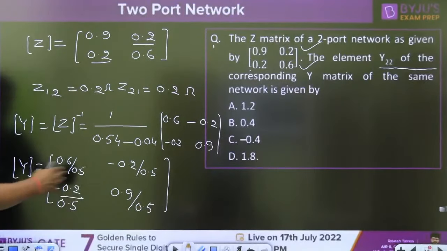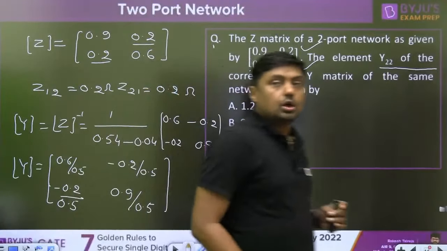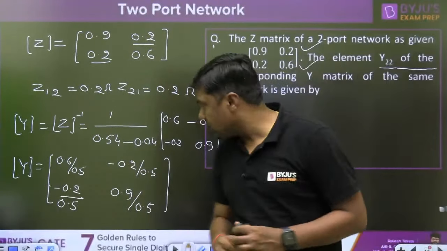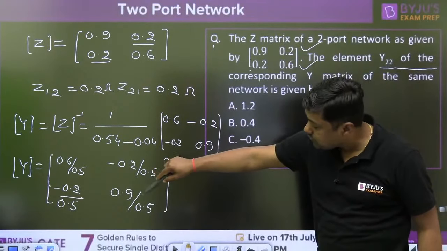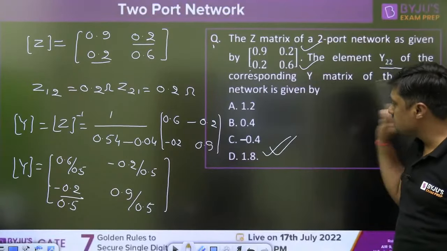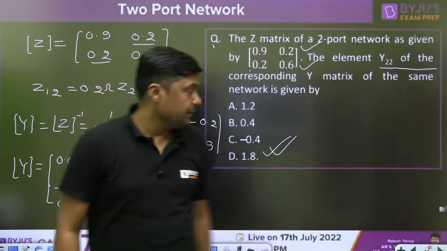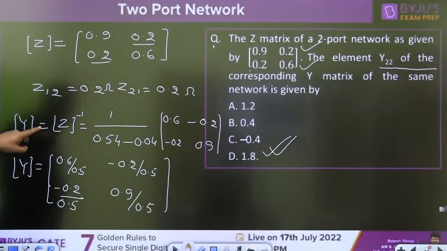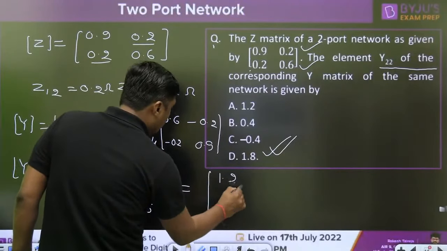So all the Y parameters are available here, and we want Y22. So what is the Y22? 0.9 divided by 0.5, that is nothing but 1.8. That is the answer for this question. 1.8. And this is 1.2, the value of Y11.